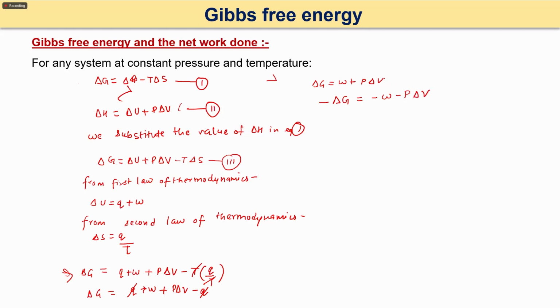And minus P delta V represents the work done due to expansion, and this expansion is against a constant external pressure.